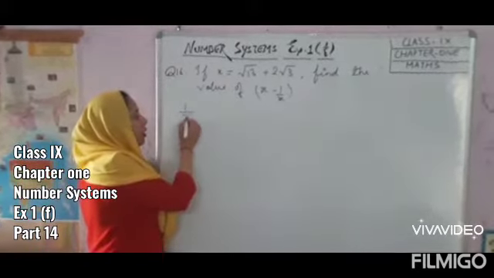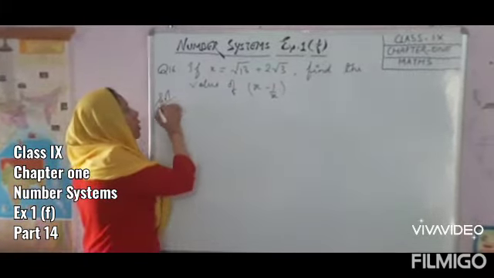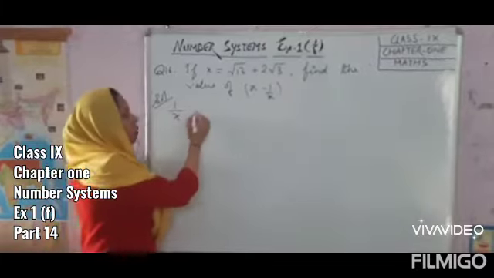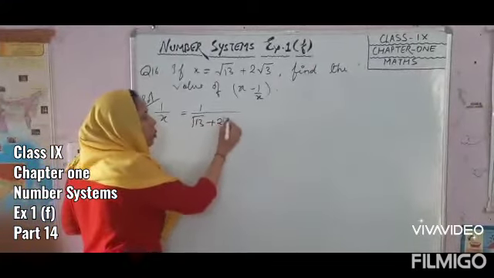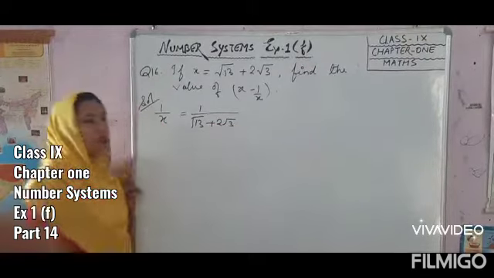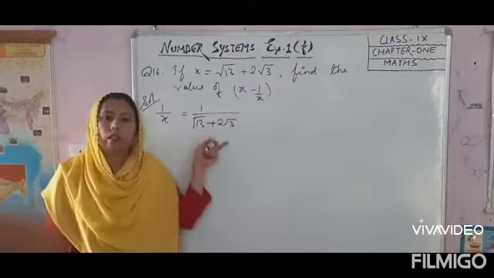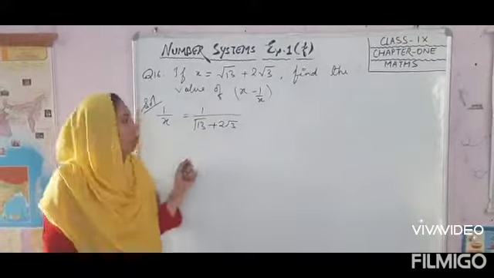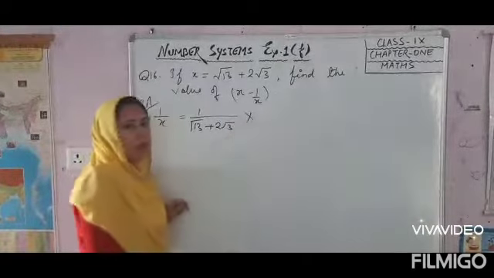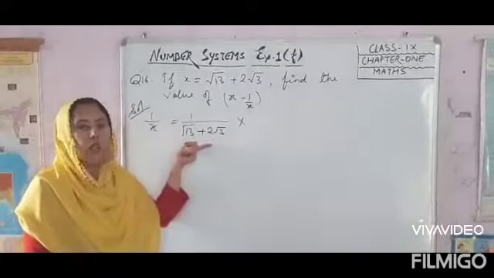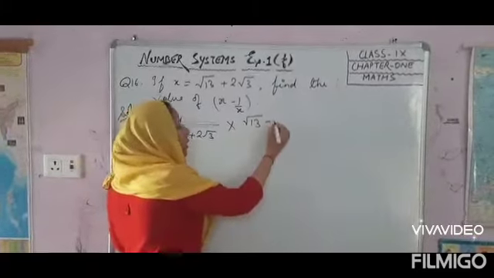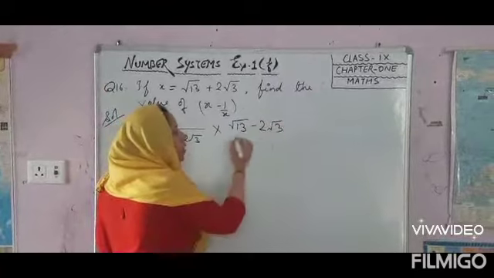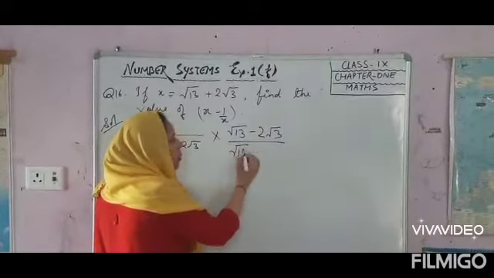Then 1 upon x is 1 upon root 13 plus 2 root 3. In the denominator we have an irrational number, so we will multiply by its rationalizing factor. Its rationalizing factor will be root 13 minus 2 root 3 upon root 13 minus 2 root 3.